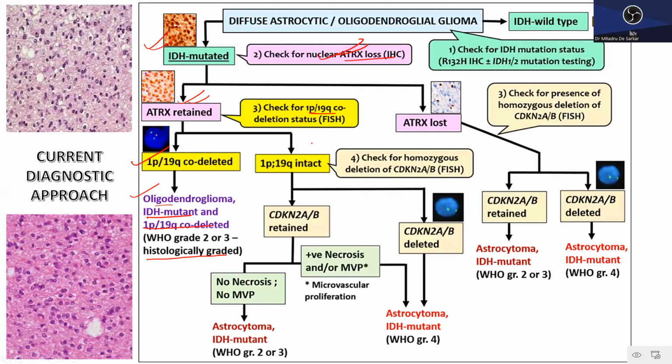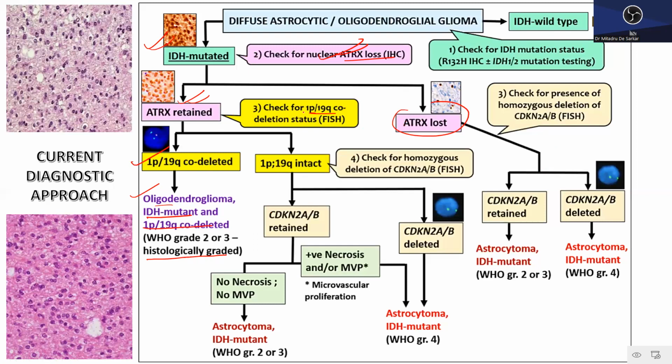If, however, your IDH is mutated, but the ATRX is lost, then you are dealing with an IDH mutated astrocytoma.